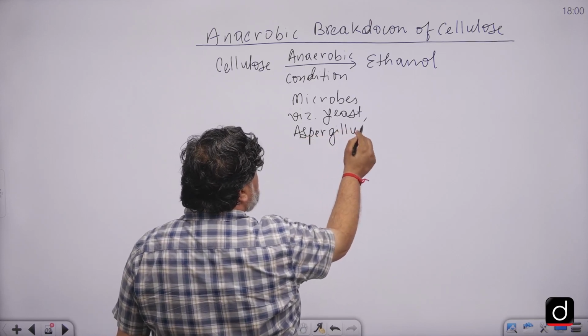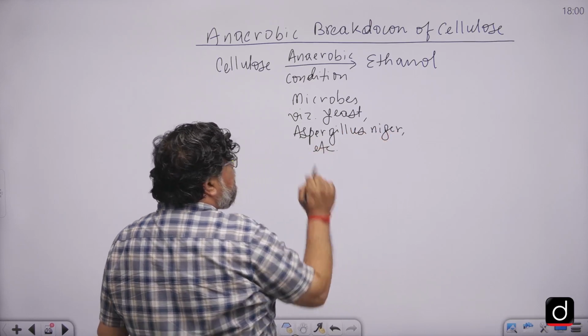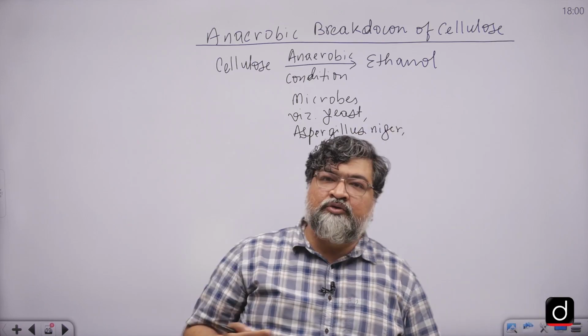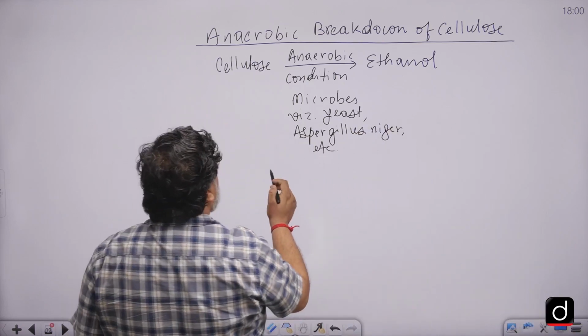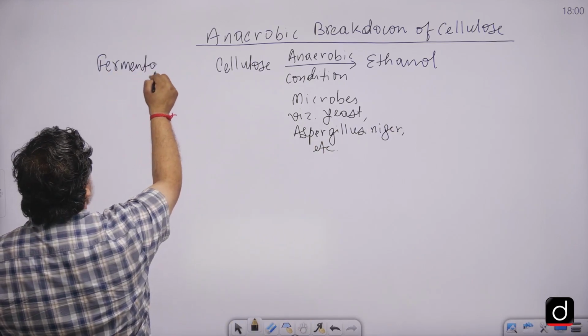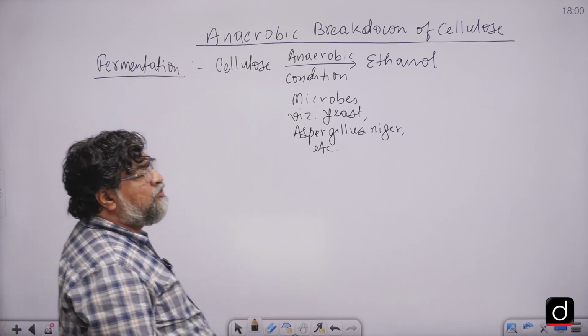You can write those examples, which are capable of this kind of microbial breakdown, and this is what is called fermentation, the process which can convert cellulose into that.